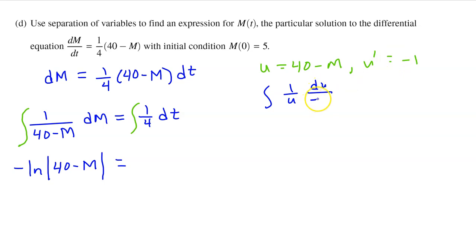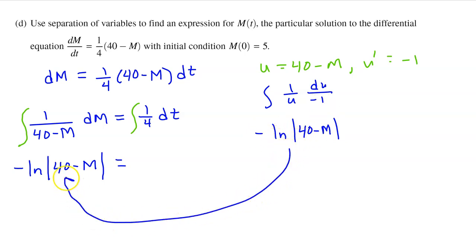That's du over -1. Of course, I'm going to put this -1 out in the front on the next step, but the integral of 1 over u is the natural log of the absolute value of u. And I would go ahead and substitute back in this 40 minus m, and like I said, the -1 goes out in the front. So that's how you would do it if you wanted to show it the long way.